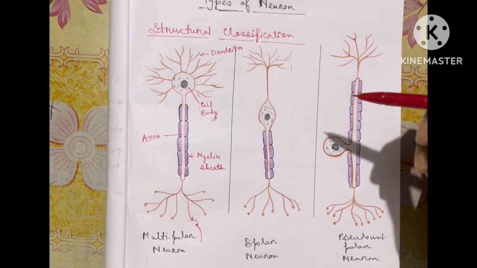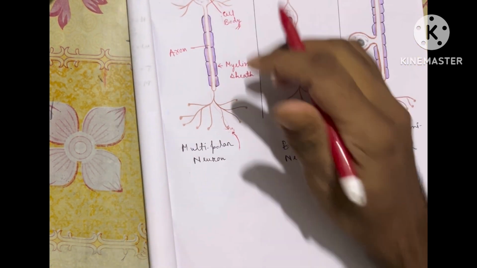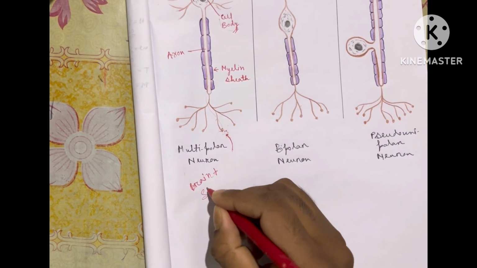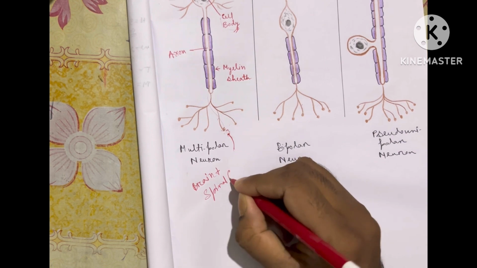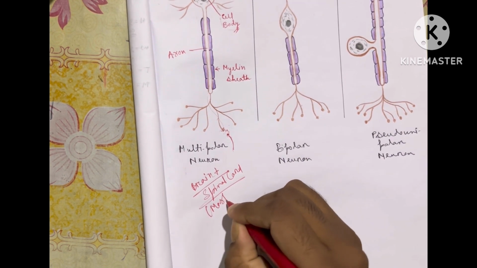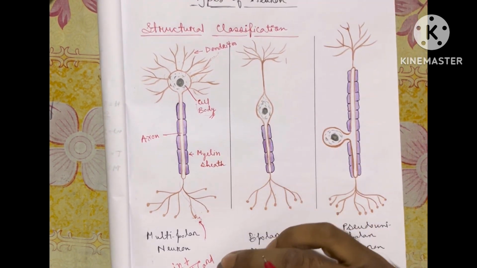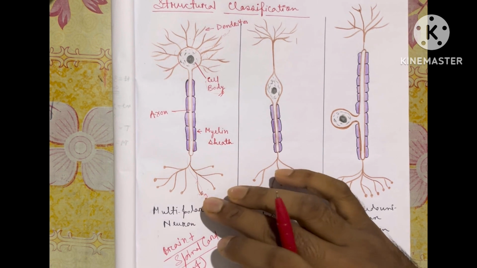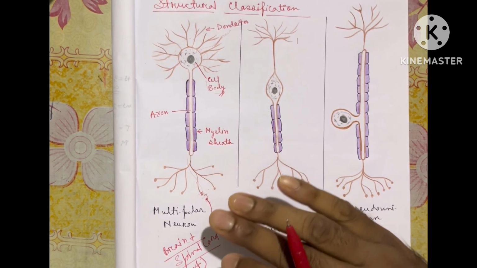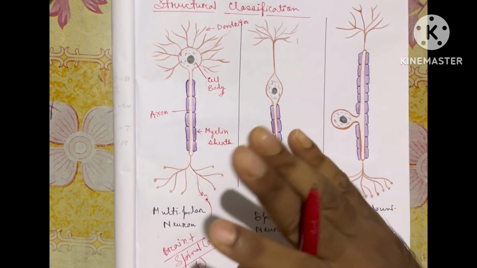So what is the location of those multipolar neurons? The basic location of this kind of multipolar neuron is the brain and spinal cord. So mostly these types of neurons are found in the brain and spinal cord. Not all neurons found in the brain and spinal cord are multipolar, but most of them are.